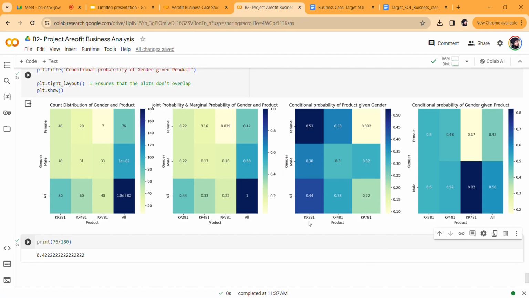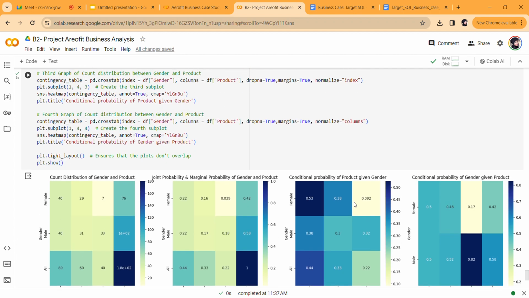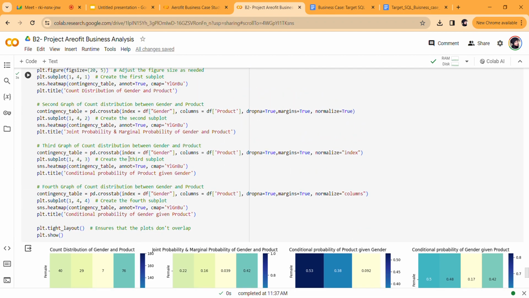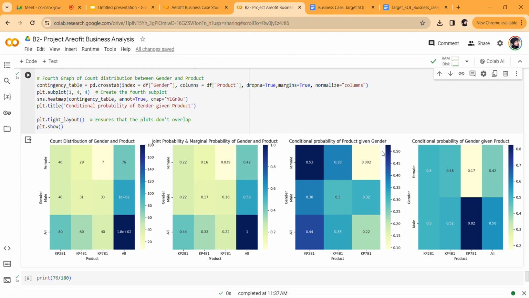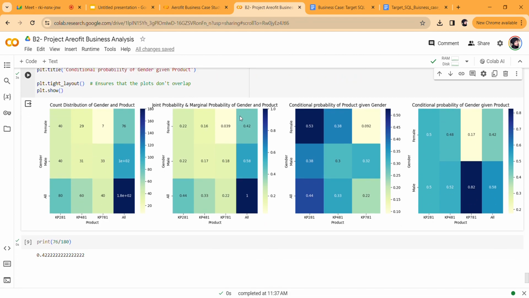Here you can see that 0.42 is the total females and 0.58 is the total males.